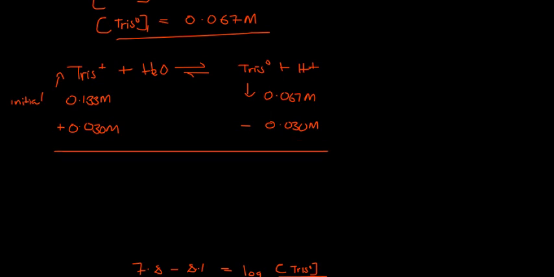So if you add 0.133 molar plus 0.03 molar of the proton, we'll get something like 0.163 molar, that is of the acid, and of the base you subtract 0.067 minus 0.03, you get 0.037.